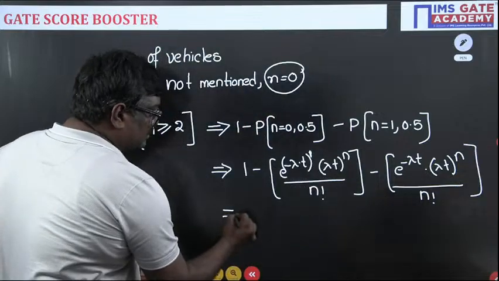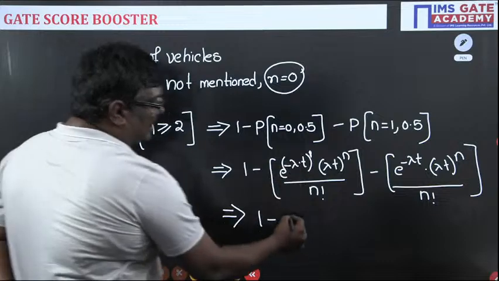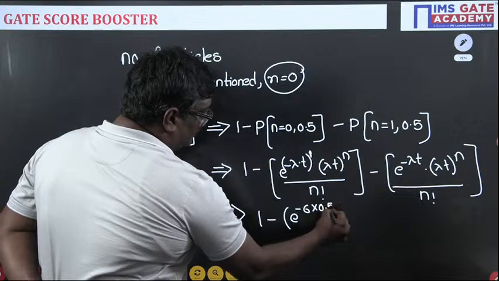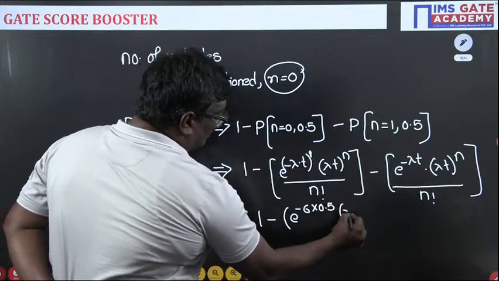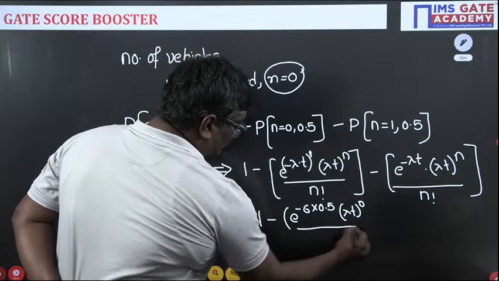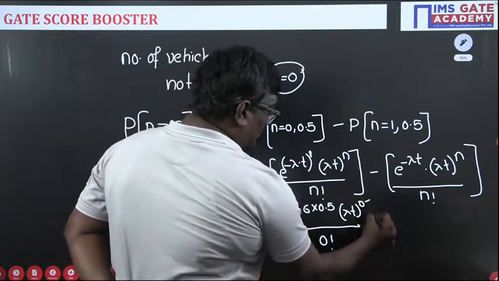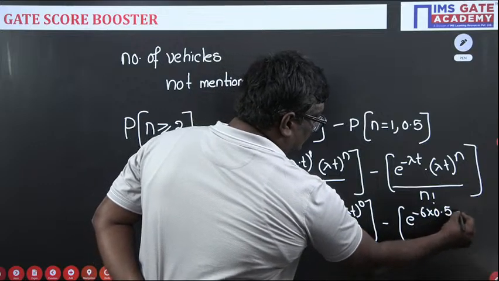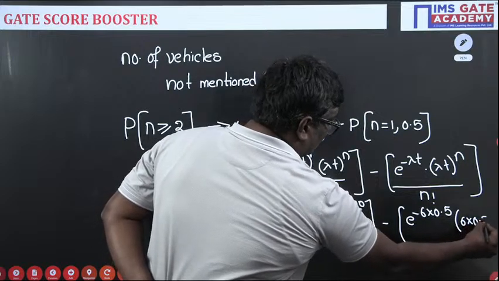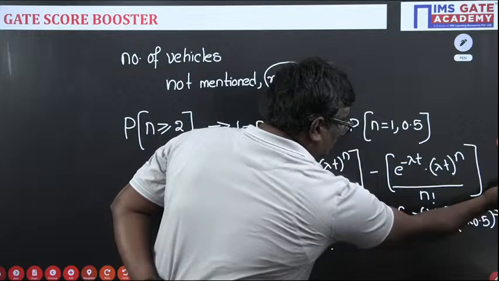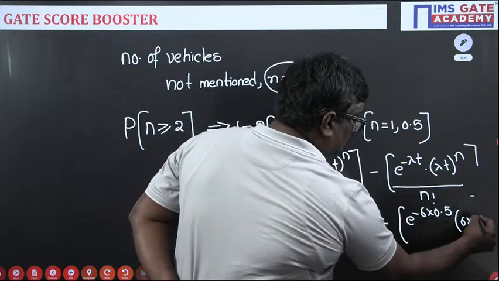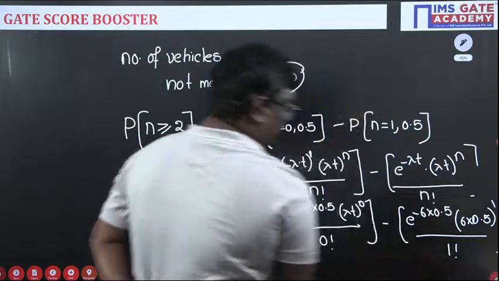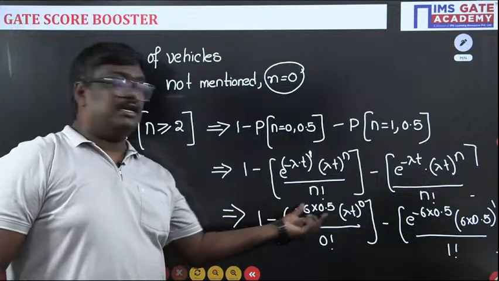Here lambda t we got as 6 into 0.5. For n equal to 0, lambda t power 0 upon 0 factorial, minus e power minus 6 into 0.5 into 6 into 0.5 power 1 upon 1 factorial. I have just substituted the n values.